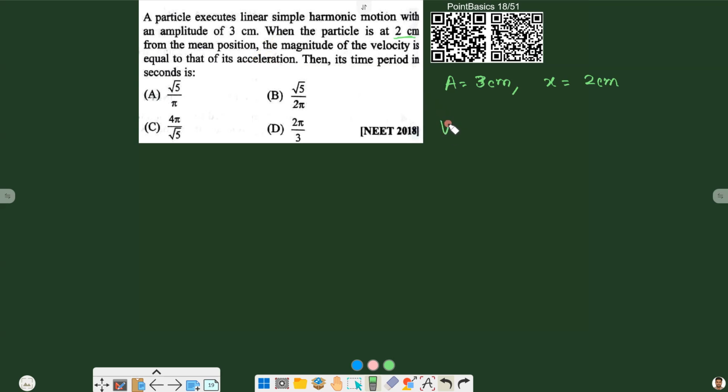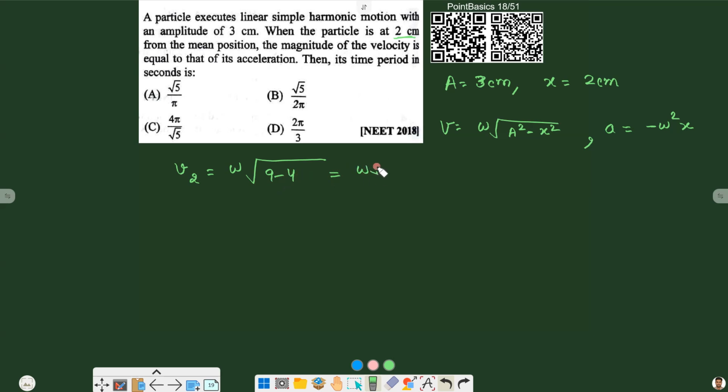For simple harmonic motion, we know that velocity is given by omega into root of A square minus displacement square, and acceleration is given by negative omega square into displacement. So v at displacement 2 will be omega into root of 9 minus 4. Bear in mind we are using only the centimeter scale, so if we have to convert, we later convert into meter.